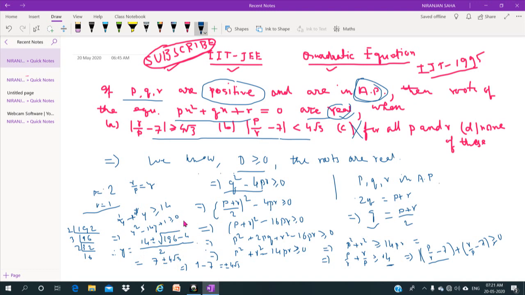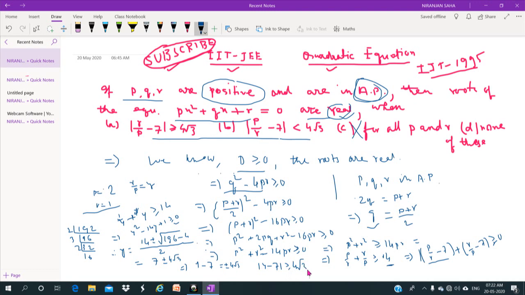So now we know from inequalities that if it is less than equal to 0, then mod of y minus 7 must have to be less than equal to 4 root 3. But since it is greater than equal to 0, it must be greater than equal to 4 root 3.